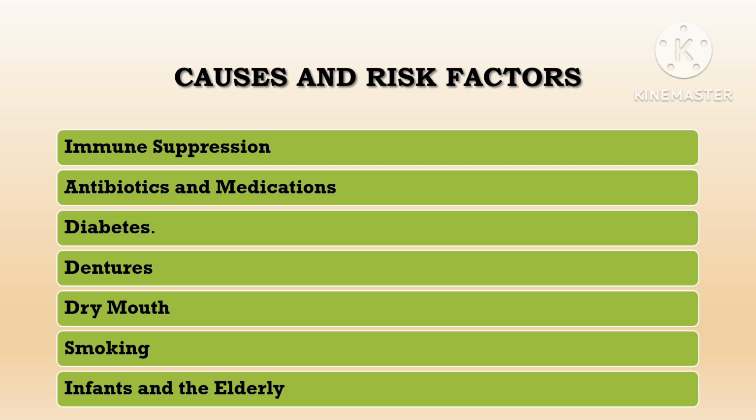Saliva naturally inhibits fungal growth, so conditions which reduce salivary production, like Sjogren's syndrome or any medication that does so, can predispose a person to thrush. Apart from this, infants have an underdeveloped immune system while elderly people have weakened immune systems, making both groups more vulnerable to oral thrush.